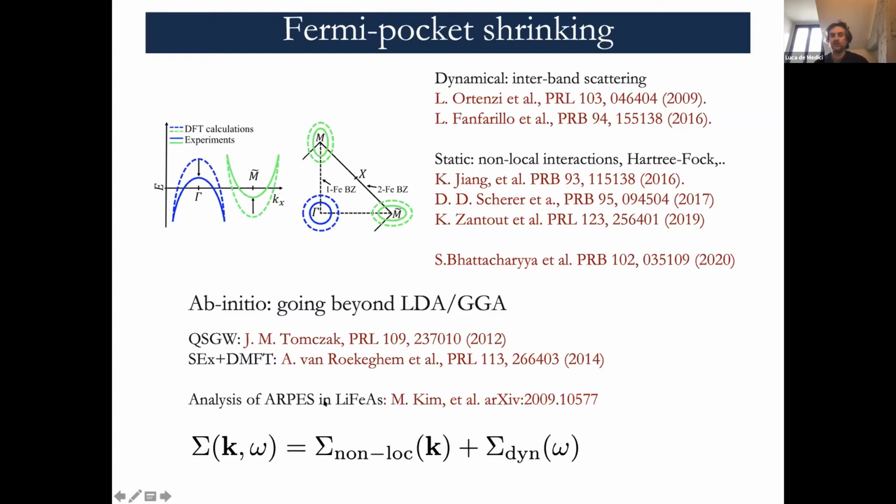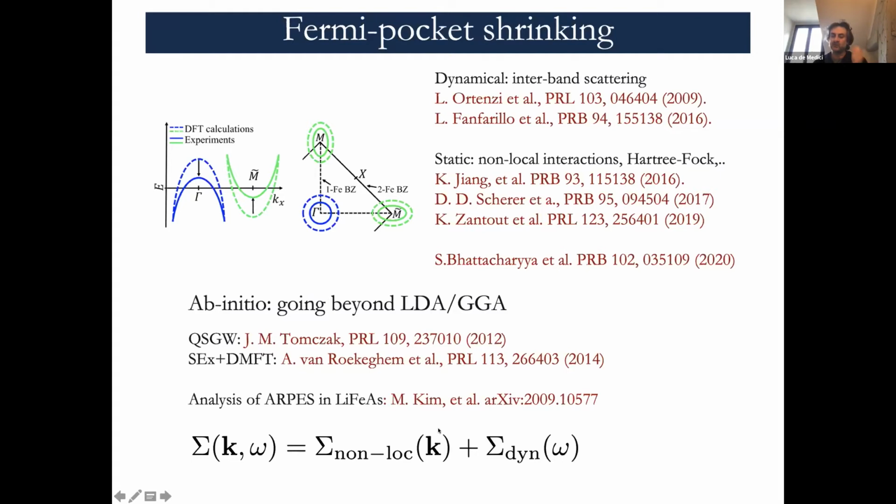What we want to stress is that, however, we can go beyond GGA. We do it with HSE, the hybrid functional, and we obtain a corrected static reference one-body Hamiltonian, on which we can still include the local correlation from slave spins or DMFT and get a nice agreement in the end.